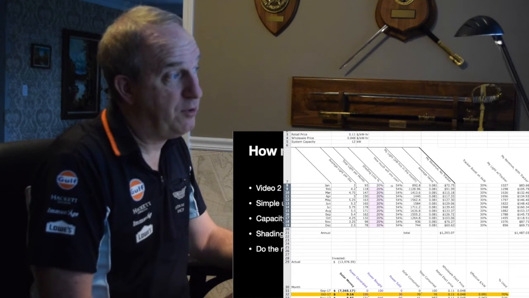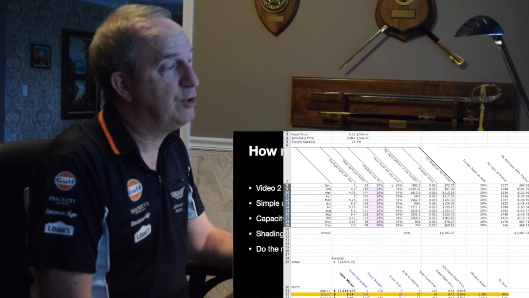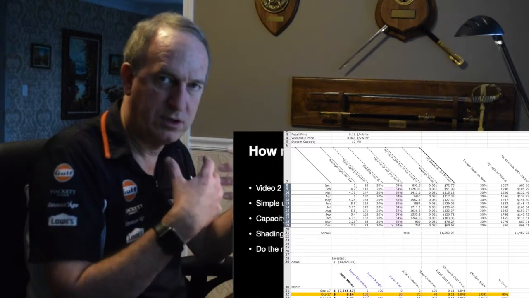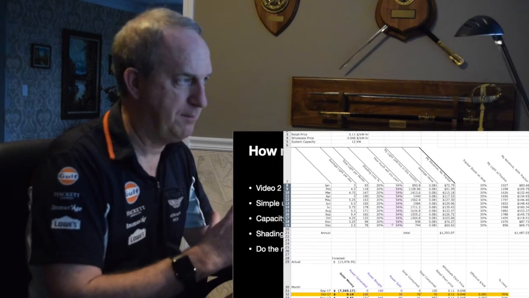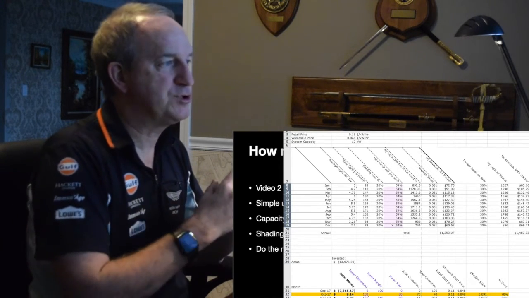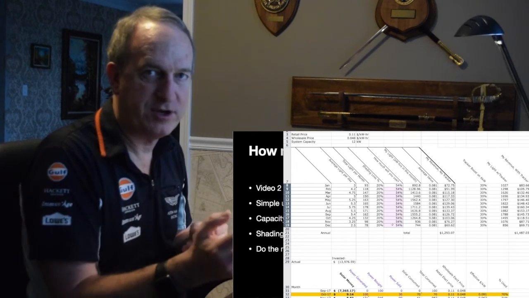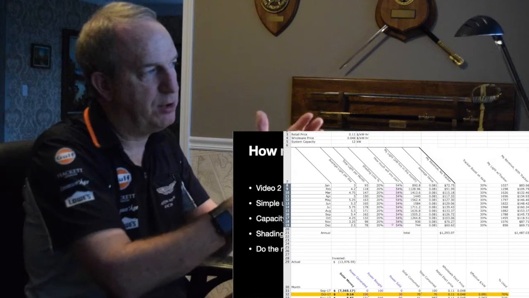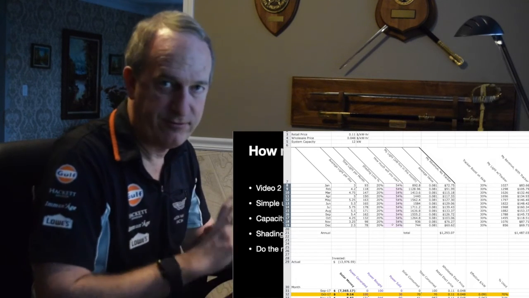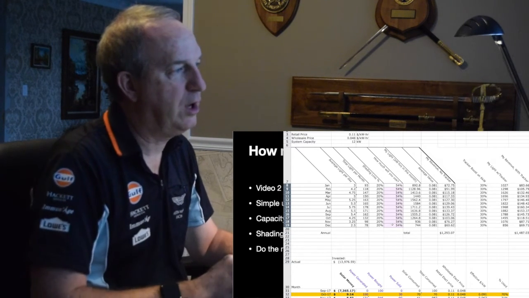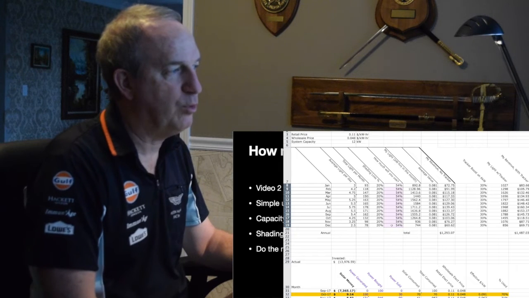Then another number that also changes as you go through the year is how much of that power, given the relationship that I have with my power company, power is worth more if I generate it and use it, and it's worth less if I generate it and sell it. So this number is necessary in my formula in order to understand how much the power is worth on average.